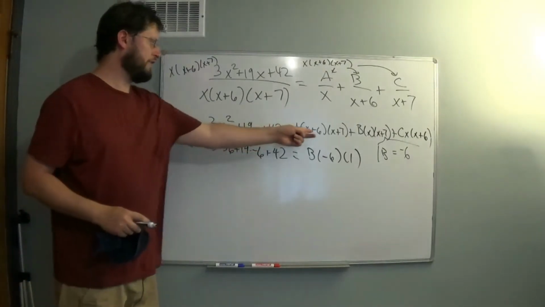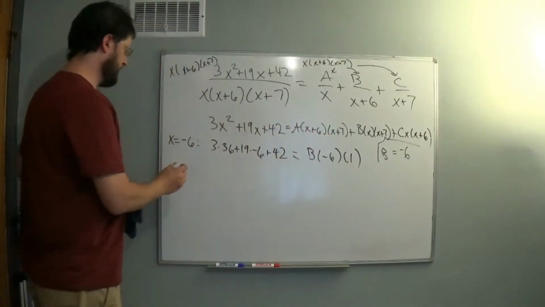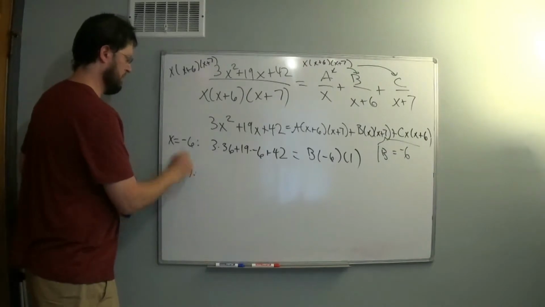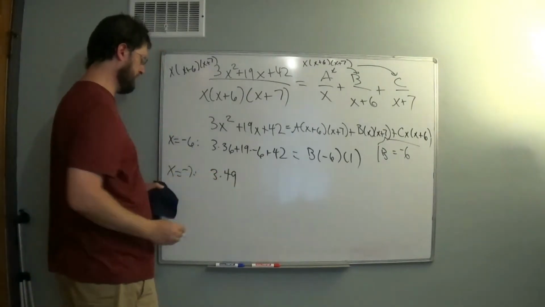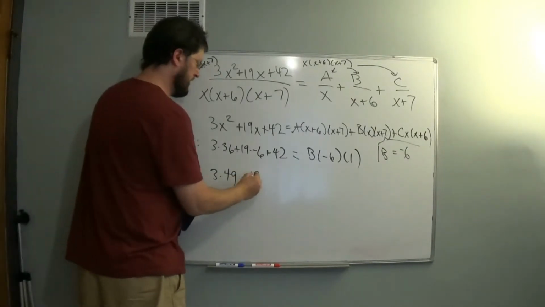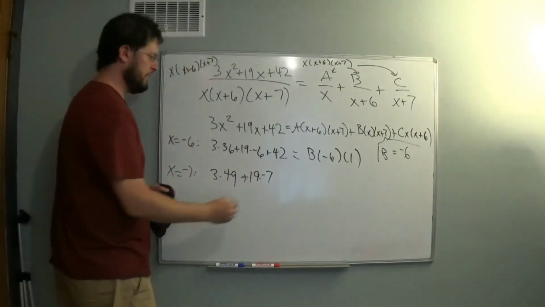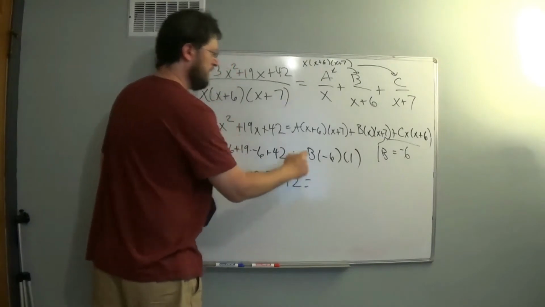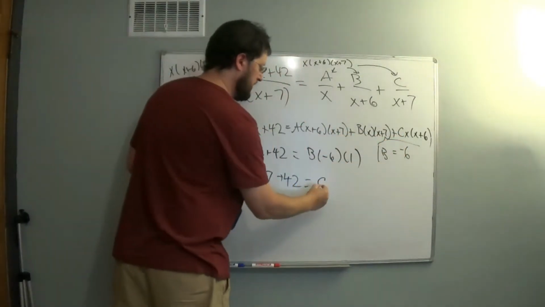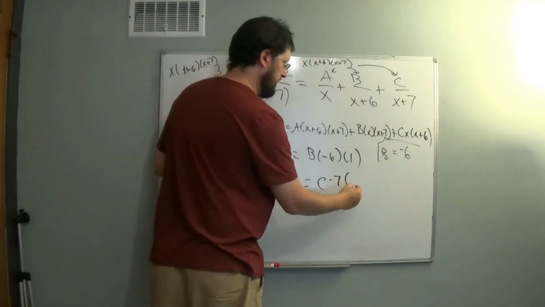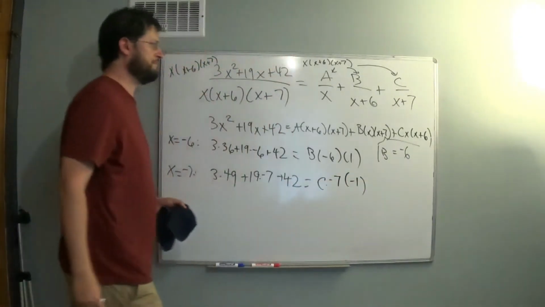So we chose negative 6 for x. Next we'll choose negative 7 for x. If x is negative 7, that's 3 times 49. That's 19 times negative 7 and 42. This goes to 0, this goes to 0, and that just leaves me with C. So that's C times negative 7 times negative 1.